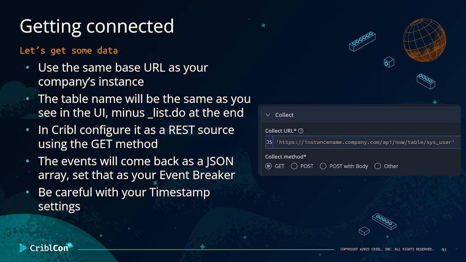When you do configure it, the data is going to come back as a JSON array. So super easy to work with, just set a JSON array. But, big lesson learned number 2 here, I think it's number 2, is timestamps. Just about any record you get back from ServiceNow is going to have timestamps all over it. There's going to be a sys_created_on, a sys_updated_on. There's probably going to be things like opened_at, closed_at, updated_at, things like that.